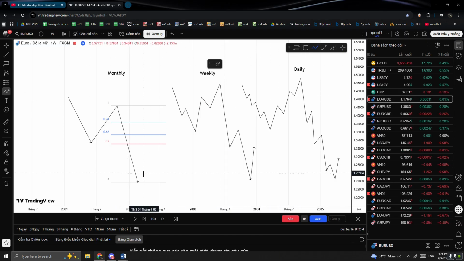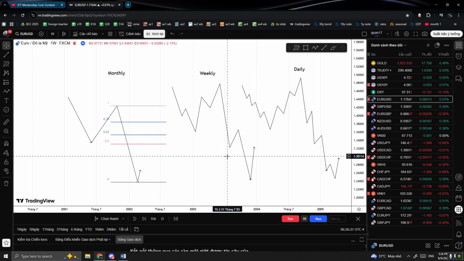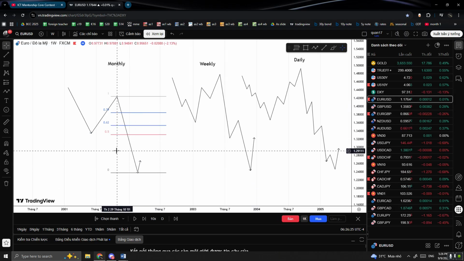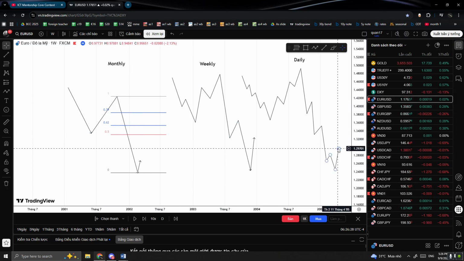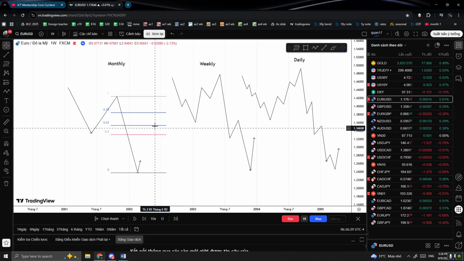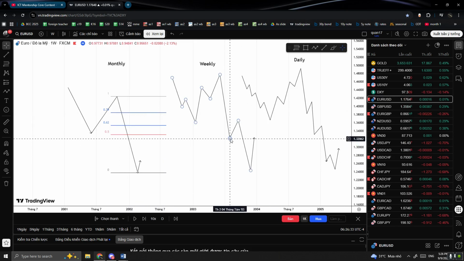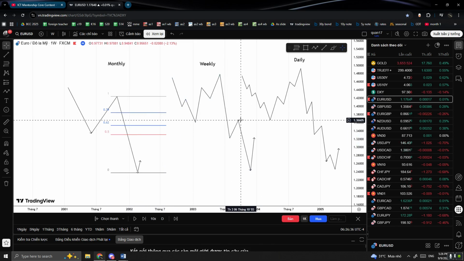It's just a small swing in the monthly, and in the weekly we're at premium already, but in the monthly we're still in discount. We can't just say that when the daily shifts, price is just going to go up to premium of the monthly, because before price goes there, it has to meet premium of the weekly first.